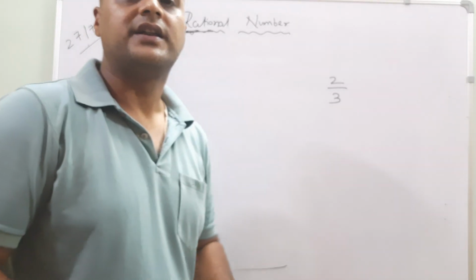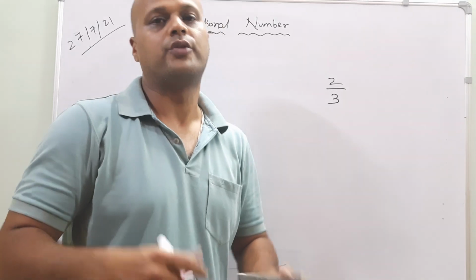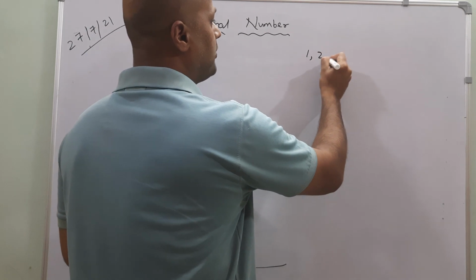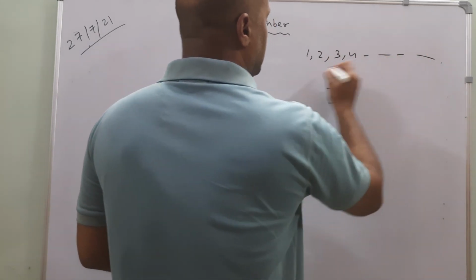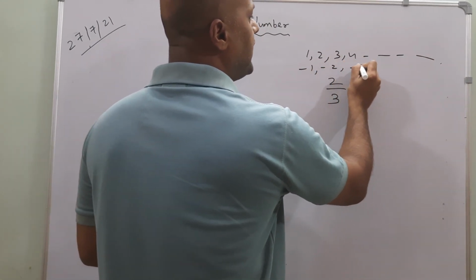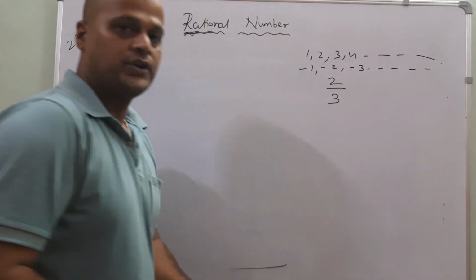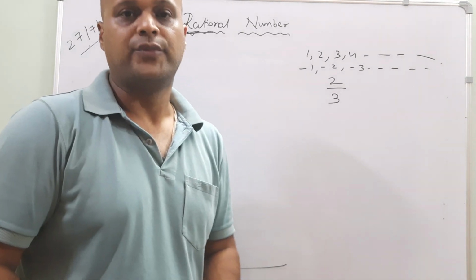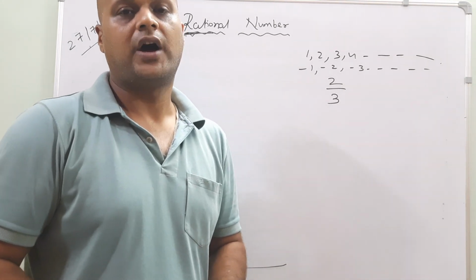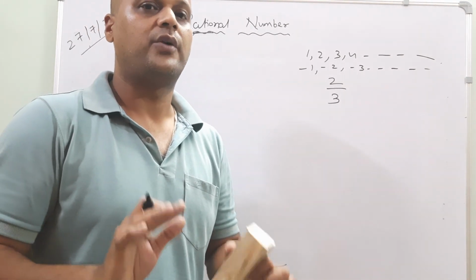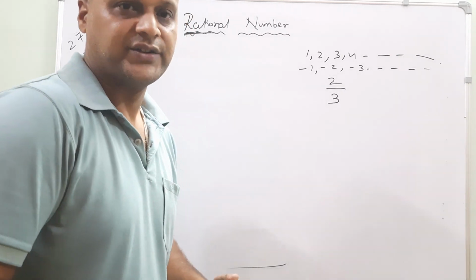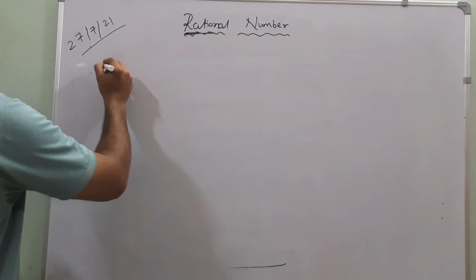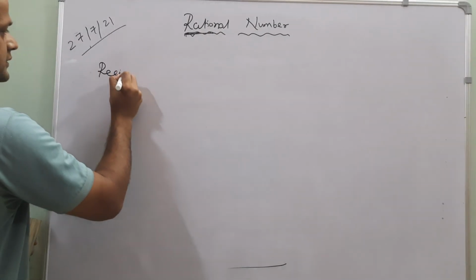Always remember that a rational number may be positive or negative, because we know that integers are in the form of plus as well as minus. Yes or no? So we will discuss rational numbers in brief. Before that, we have to be clear about three important points. What are they? First, reciprocal.